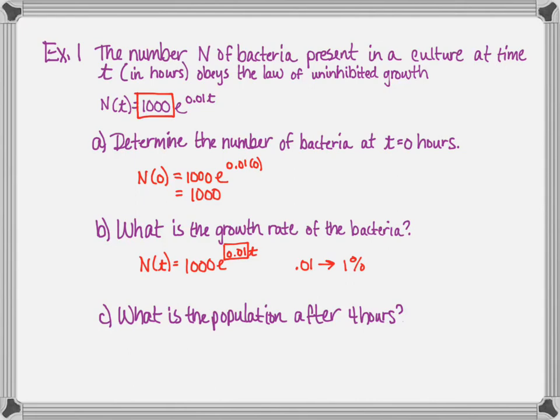Next, what is the population after 4 hours? So now we're going to substitute 4 in for t. So N(4) = 1000e^(0.01·4), which is 1040.810774, or approximately 1041 cells.